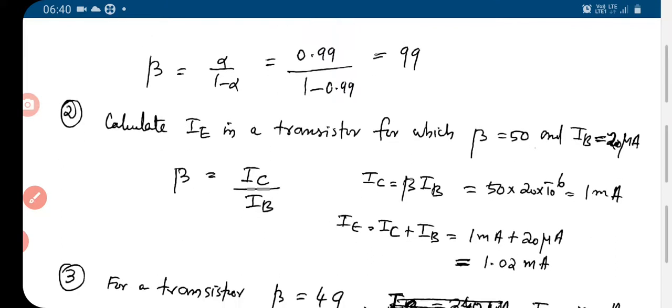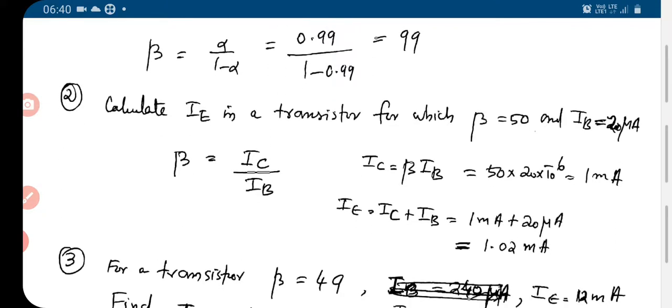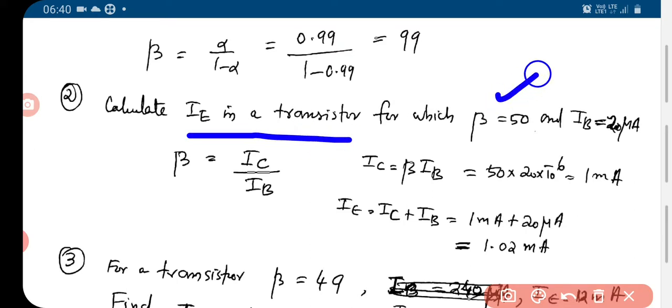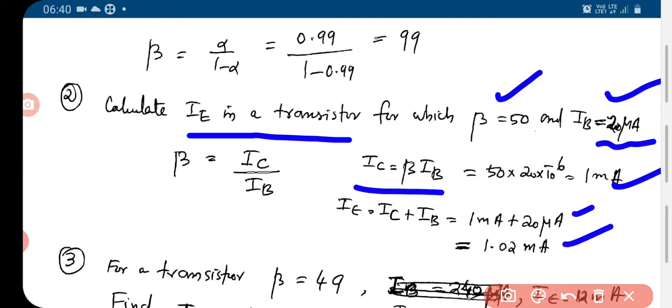Now another one: calculate IE in a transistor circuit for which beta is 50 and IB is 20 microampere. We put IC is beta IB, so 50 into 20 microampere, and we get IC. IE is IC plus IB, so we substitute here and we have IE.